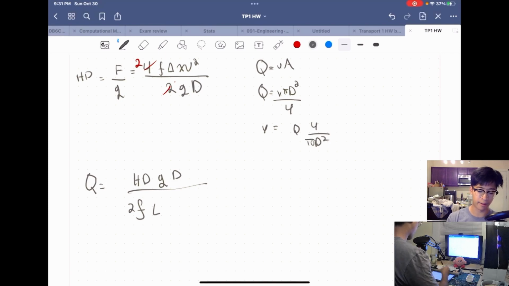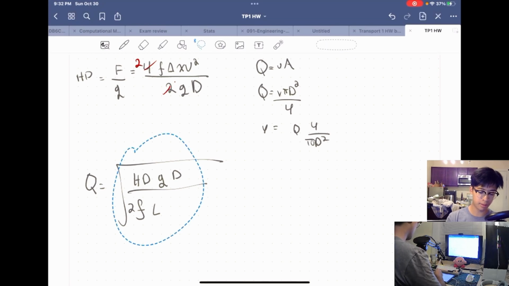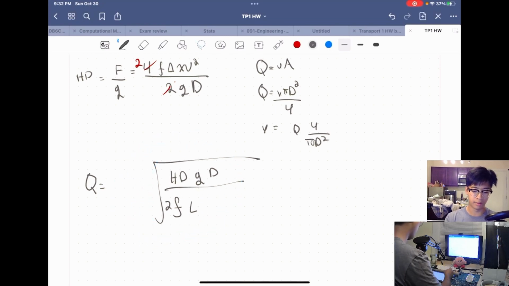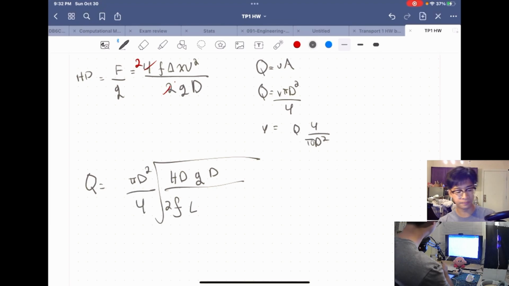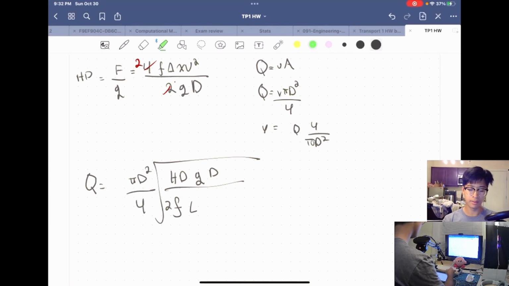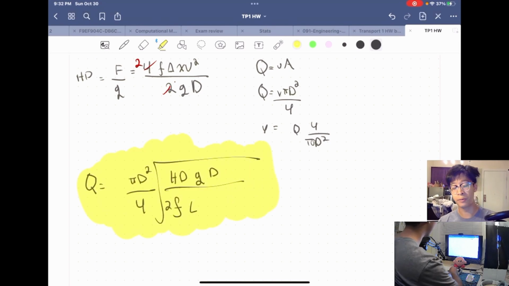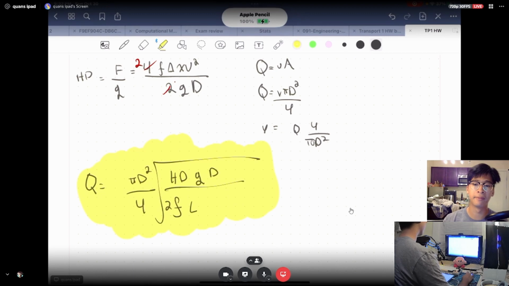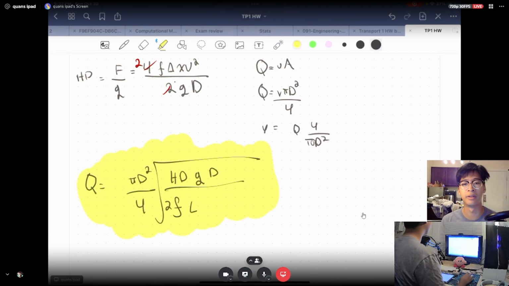We next should take the square root to get Q, and then multiply by the geometry, so that will be pi d squared over 4. All good. So, in essence, this expression here we'll use to generate a viable guess for our flow rate. And we'll go off and use the root solver function as we always have. So, let's hop back into Python and we'll test that out.